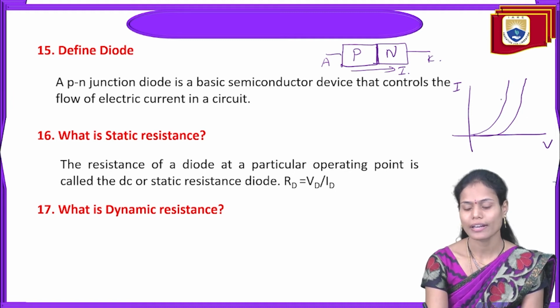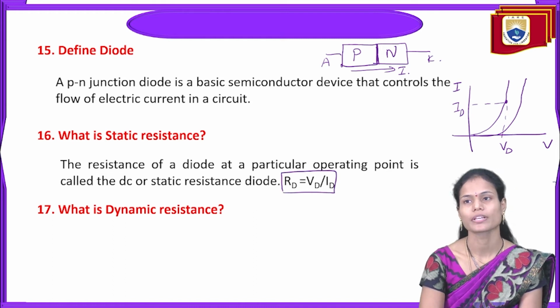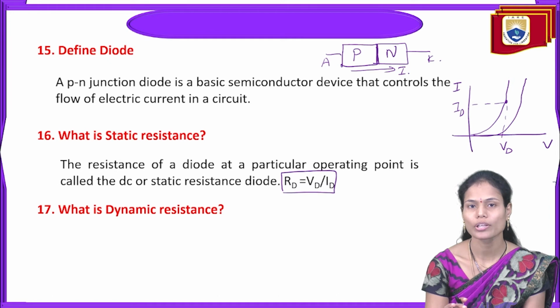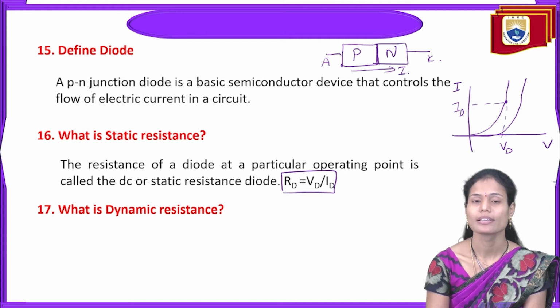On this characteristic, I take one point and see how much voltage and how much current there is. The ratio of this voltage and current gives the static resistance of the diode. It is the resistance at one particular point on the characteristics of the diode.